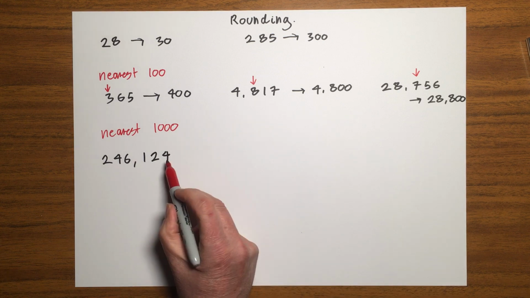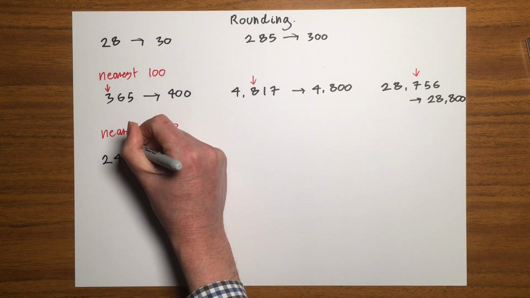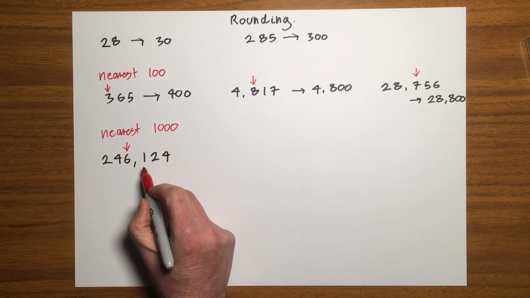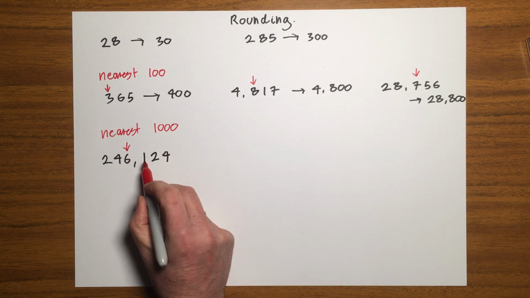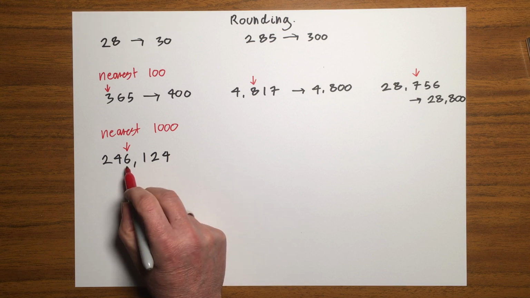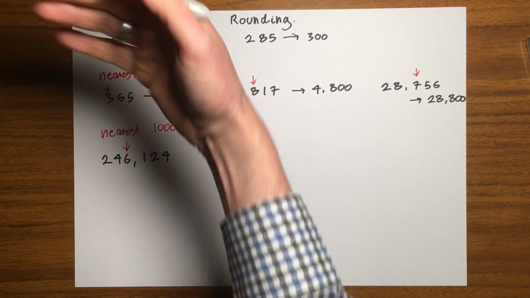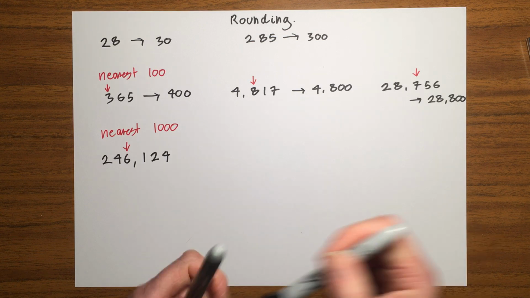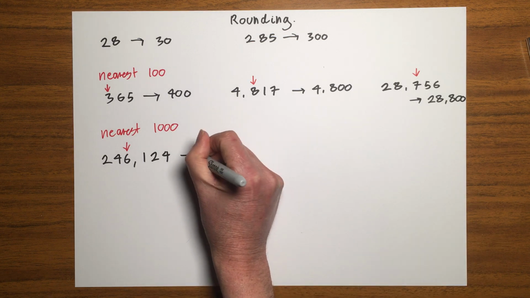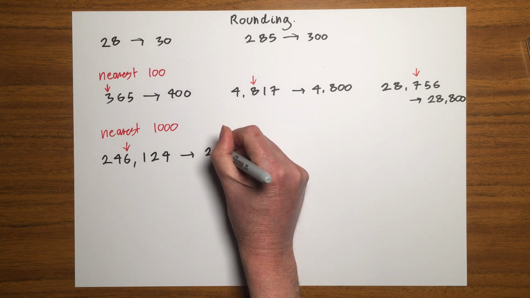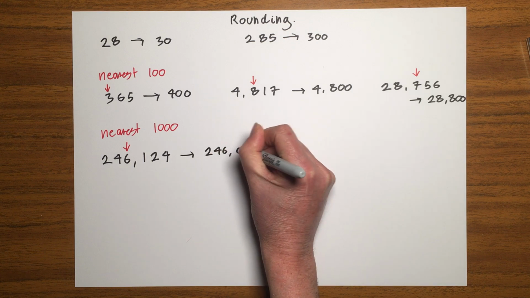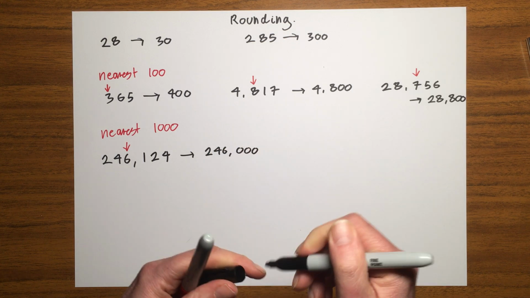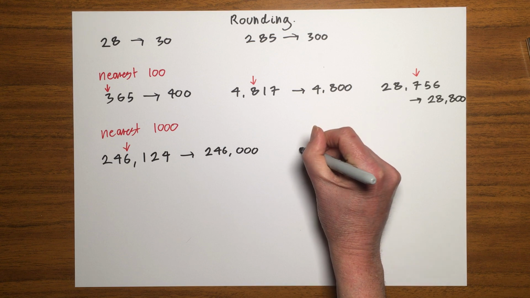We're rounding to the thousands column: units, tens, hundreds, thousands. Look at the next digit. Well, that's a 1. So I'm closer with that 100 to 6,000 than I am to the next 1,000 up, which is 7,000. So off we go. That will become 256,000. Let's do another one.